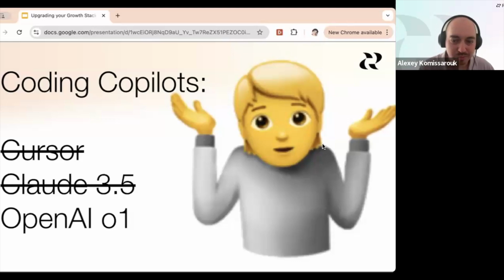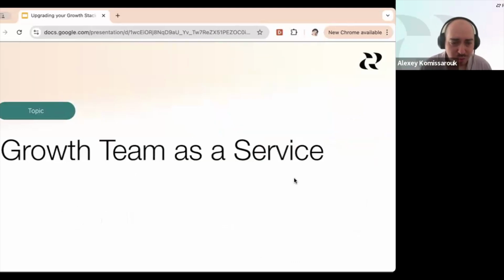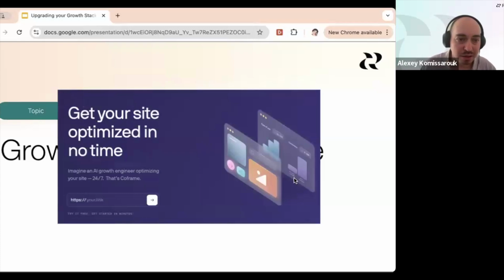All right. Next. Rather than making your engineers faster, maybe what you can do is actually have AI run the whole process. The example team here is one of my clients, CoFrame. CoFrame is similar to Optimizely Web for folks that have used it before, which is you put it on your website and it can make changes to it, right? You can change copy, it can remove sections, it can regenerate images.